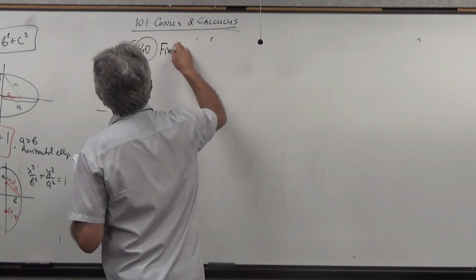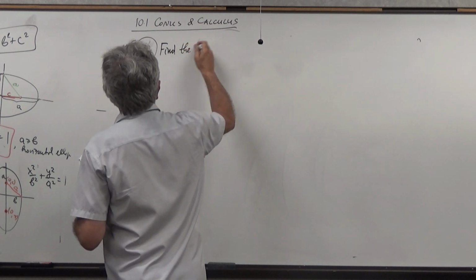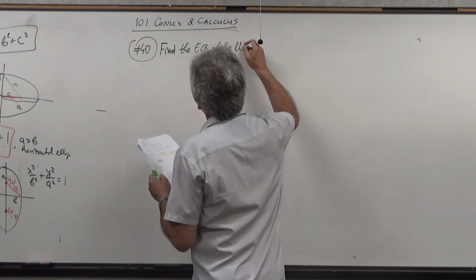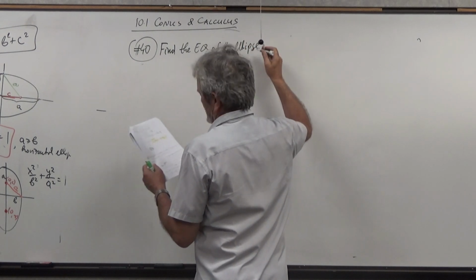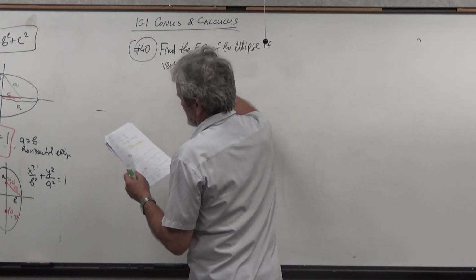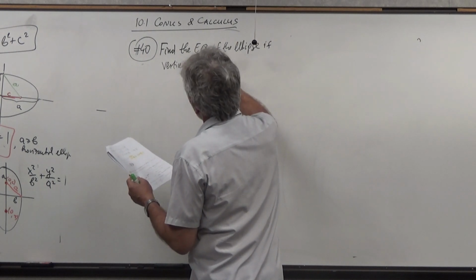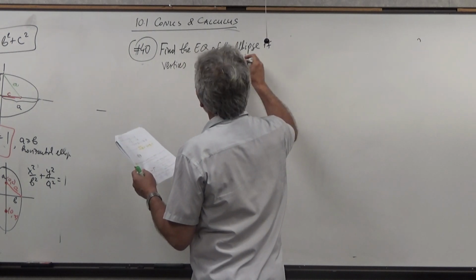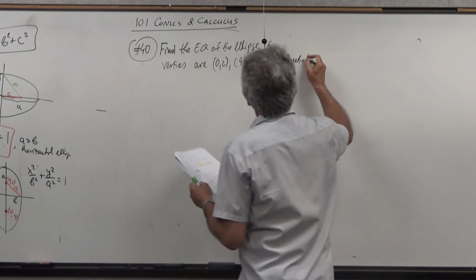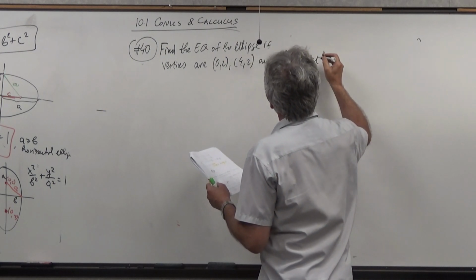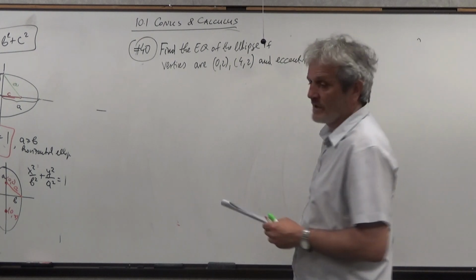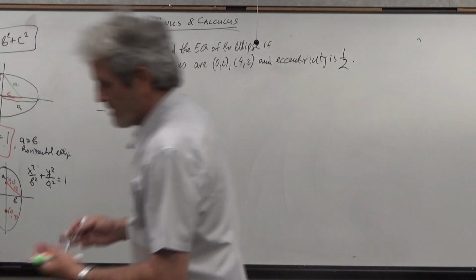Find the equation of the ellipse if vertices are 0, 2 and 4, 2, and eccentricity is 1/2. A couple of things to tell you if I want to give you a fair shot at this problem.